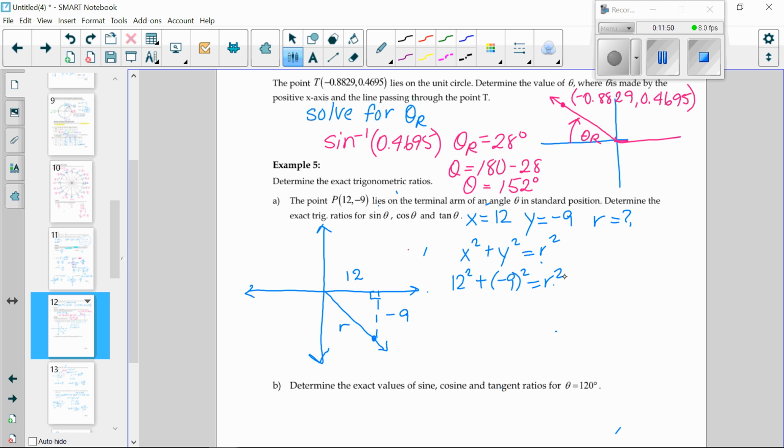Put that in your calculator. And I get 225. Take the square root. That gives me 15. Okay, so I get 15 for r.